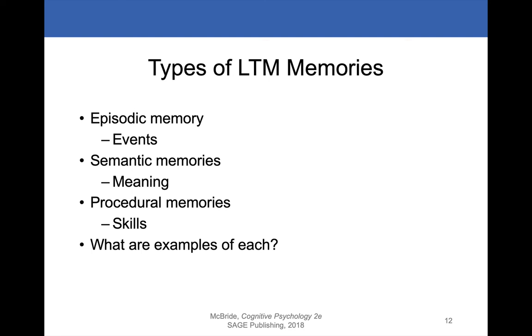Semantic memories are memories of general knowledge that we have, but it's not specific in time or place, or not really specific to you. So this is the type of stuff that you're learning in school. So what is the meaning of cognitive psychology? What is the capital of France?